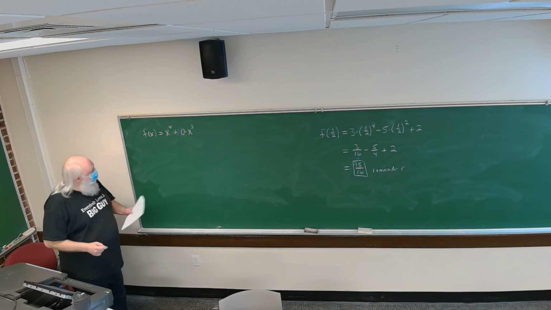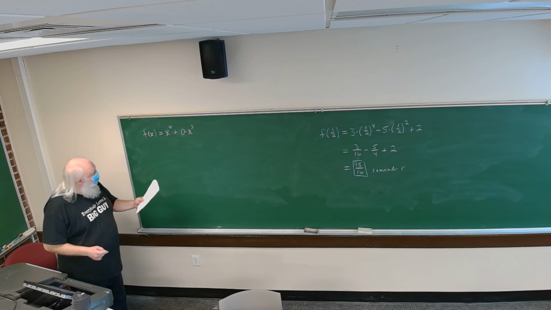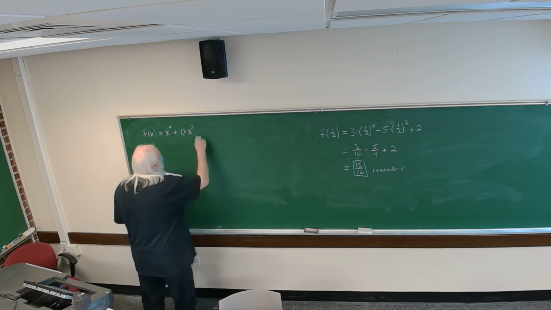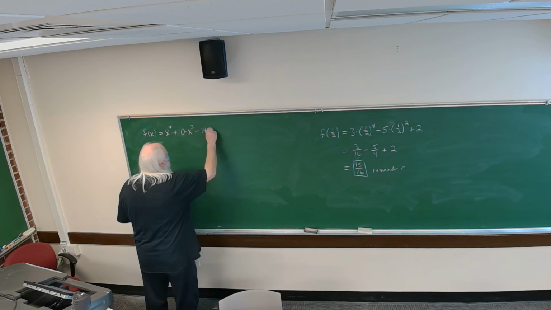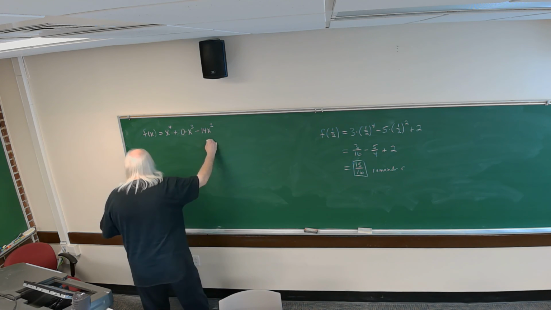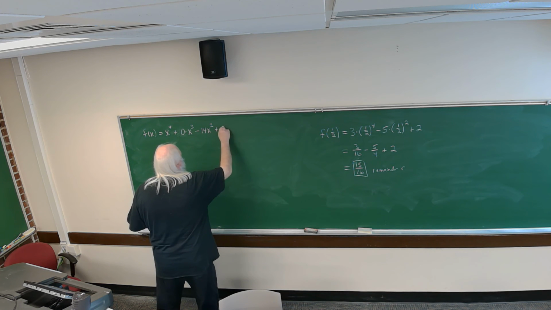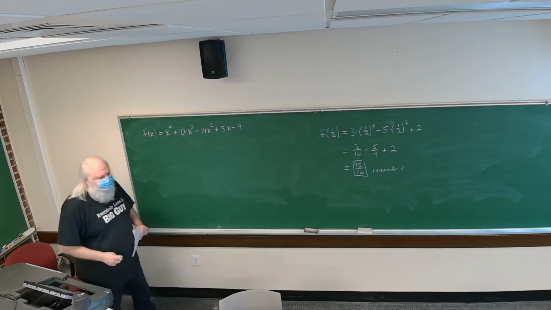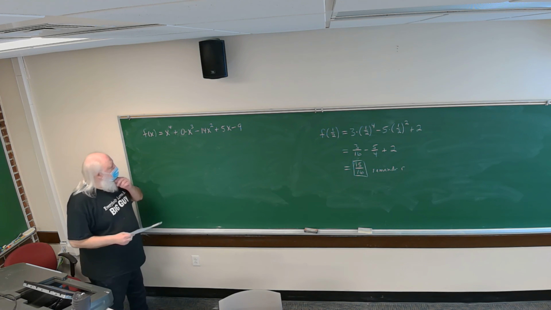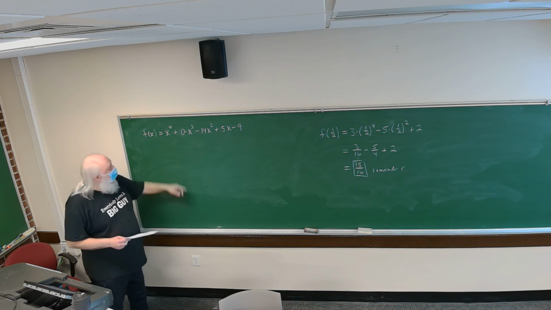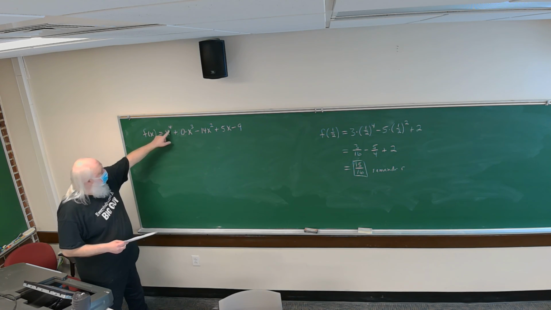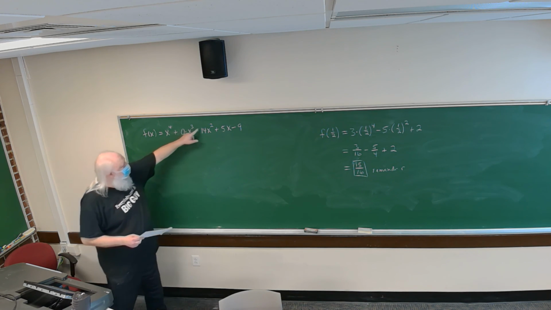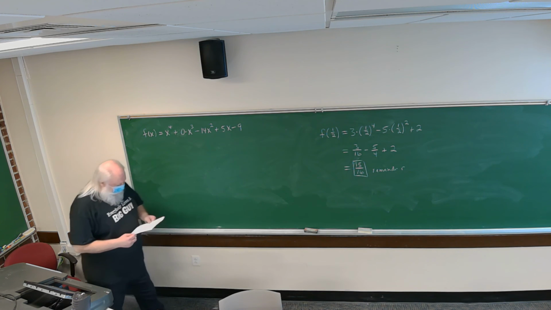Okay? x to the 4th plus 0 times x cubed minus 14x squared plus 5x minus 9. Right? As we set up synthetic division, you've got to write the coefficients in descending powers of x. So, starting with the highest power, right? 4, 3, 2, 1, 0.